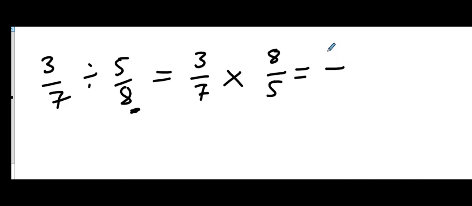So 3 eights are 24, and then we put 24 over 7 times 5, which is 35. And then we look and see, is there any common factor between 24 and 35, and there isn't, so our answer is 24 over 35. Okay, in the next slide I'm going to write out some examples and you can try it yourself.